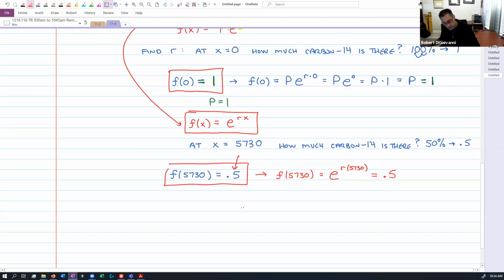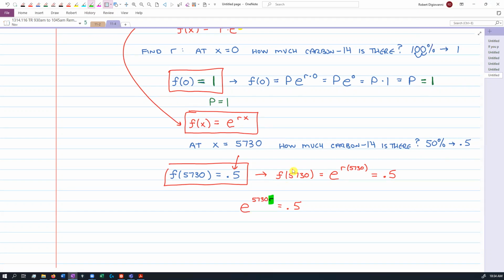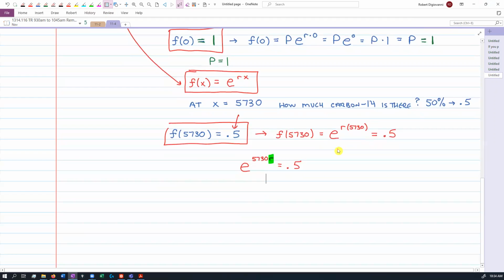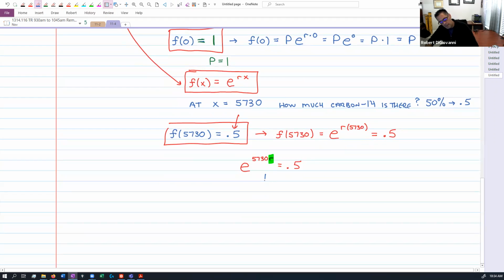So look at that, everyone. We have e to the 5730r equals 0.5. Wait a minute, isn't that just an exponential equation? Can you solve for r if I asked you to right now? Yeah, you could create a log from this, couldn't you? What would the base be?